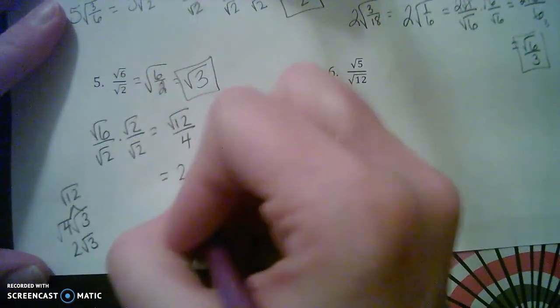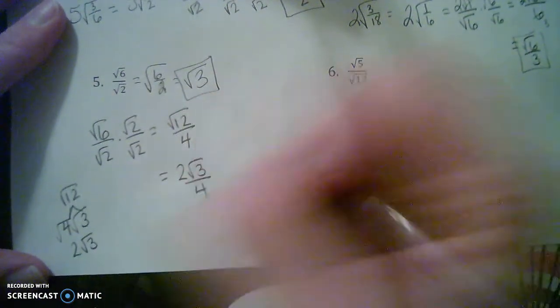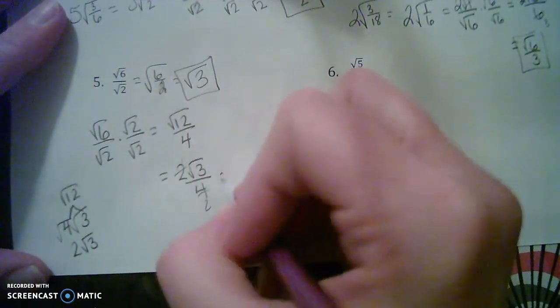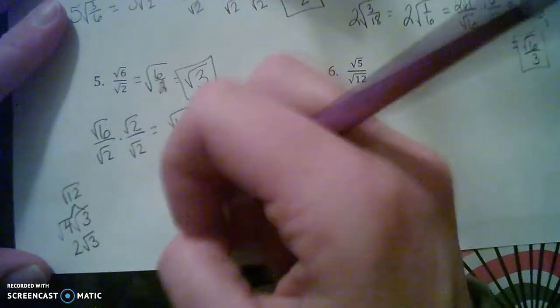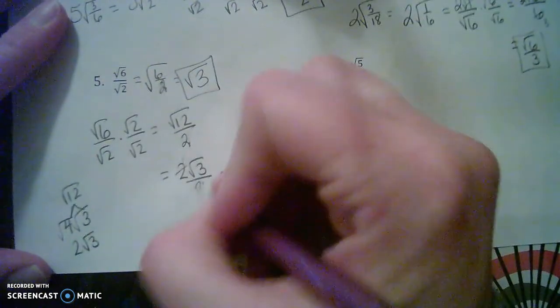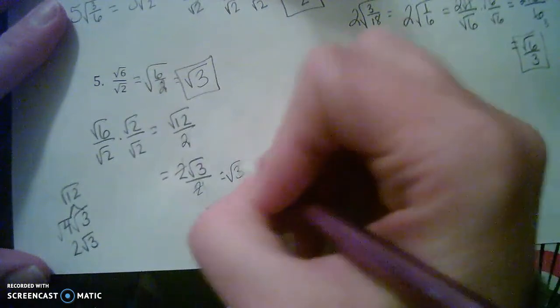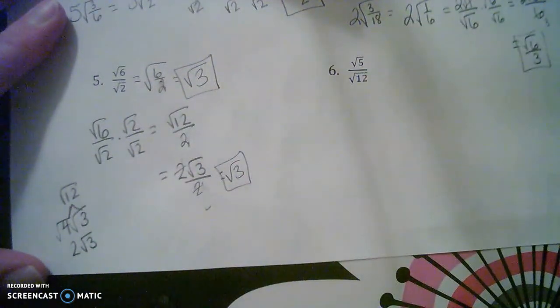So I have 2 square root of 3 over 4. I did something wrong. Oh, this is just 2. Square root of 4 is 2. There we go. So now those cancel out to just square root of 3. So yes, it's much easier if you do that first.